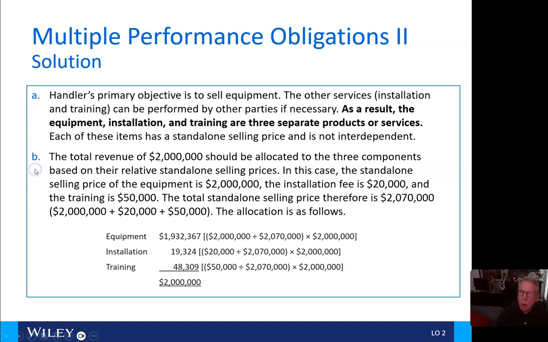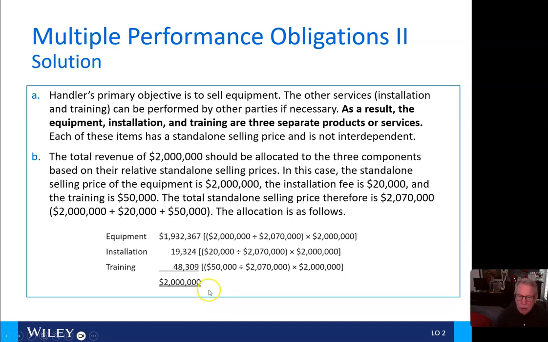Bravo here, the total revenue of $2 million should be allocated to the 3 components based on their relative standalone selling prices. In this case, the standalone selling price of the equipment is $2 million. The installation is $20,000 and the training is $50,000. The total standalone selling price, therefore, is $2,070,000.